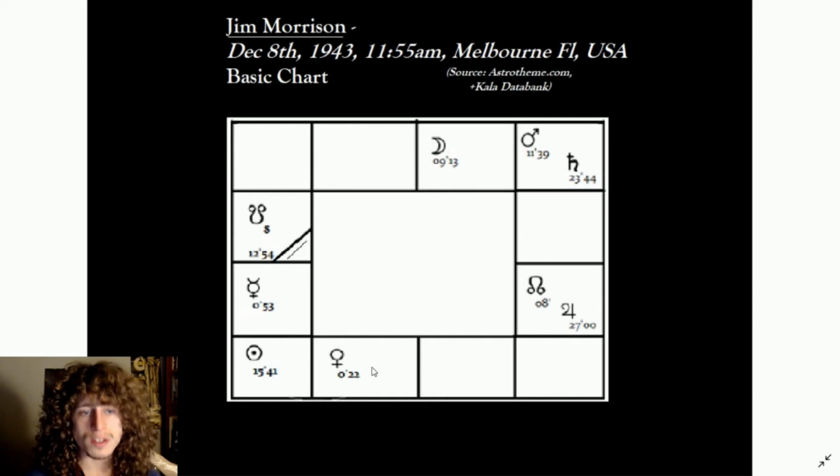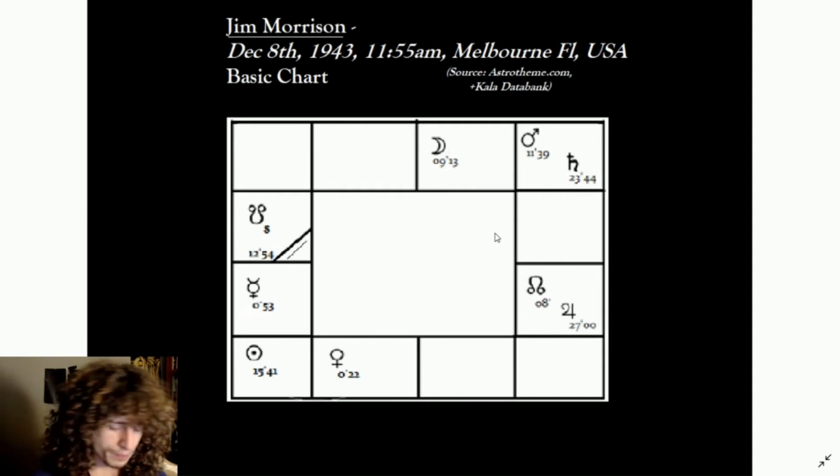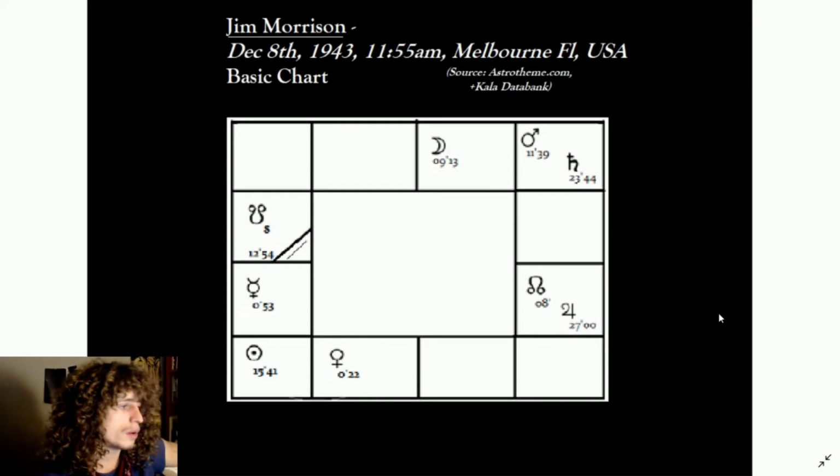The 4th house, the 10th house, and the 1st house are the most prominently emphasized houses in Jim Morrison's chart from a very basic point of view. Now, I really want you to consider that there's much more to Jim Morrison's chart than I am expressing in this lesson today.